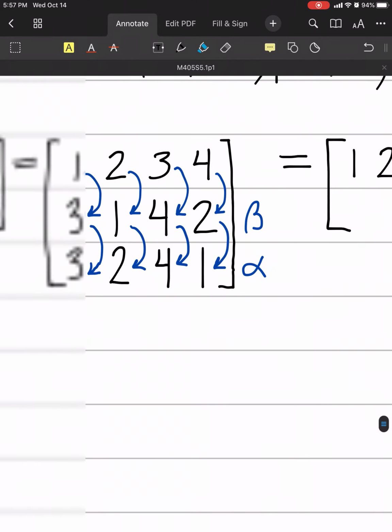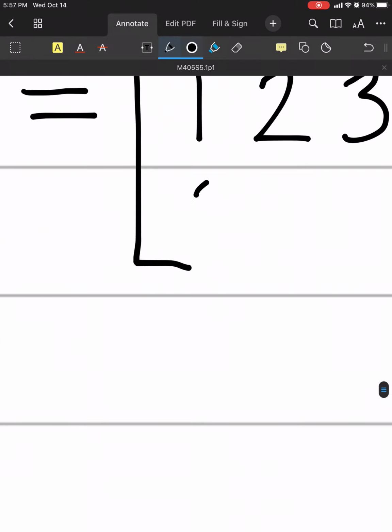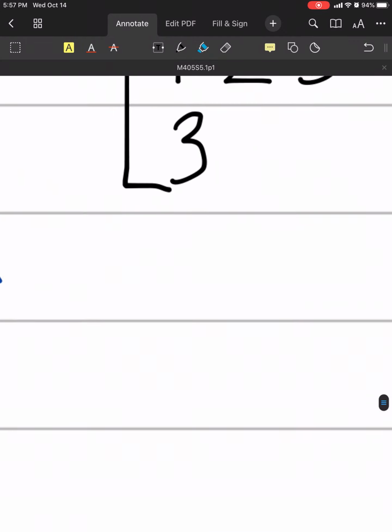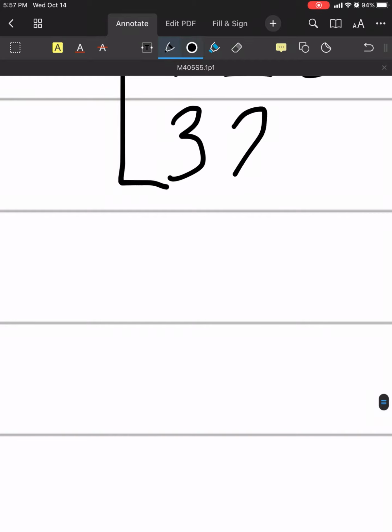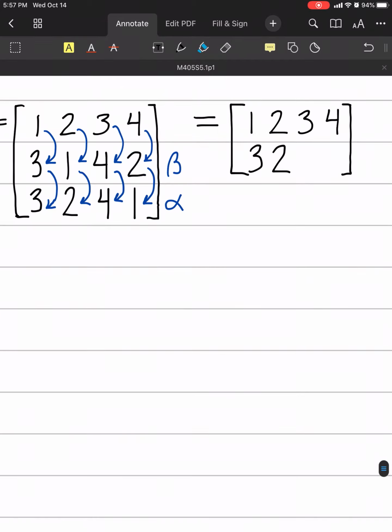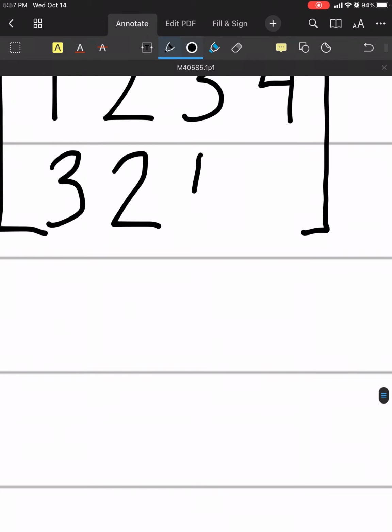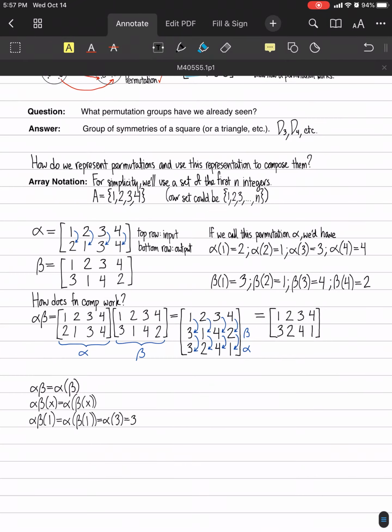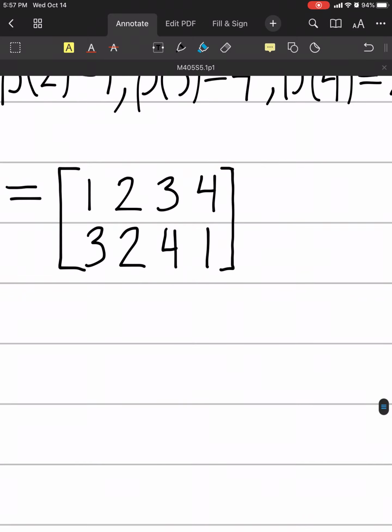So if we look here, we see 1 goes to 3. 2 goes to itself. 3 goes to 4. And 4 goes to 1. And this is what you get for alpha beta, right?